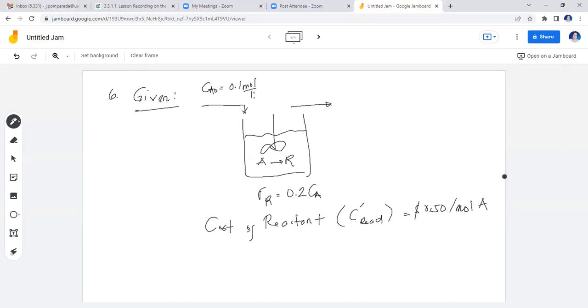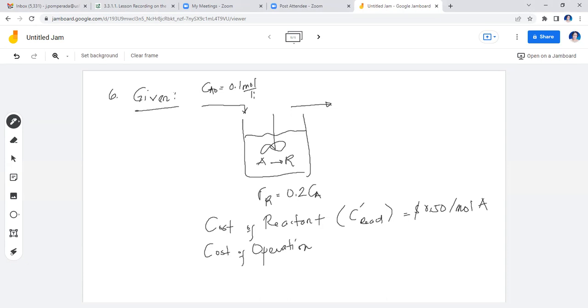Okay, another given information, Patrick Tagle. The cost is $0.01 per liter per hour. Okay, that's actually, if you were attentive enough, the cost of operation, how we operate the mixed flow reactor.